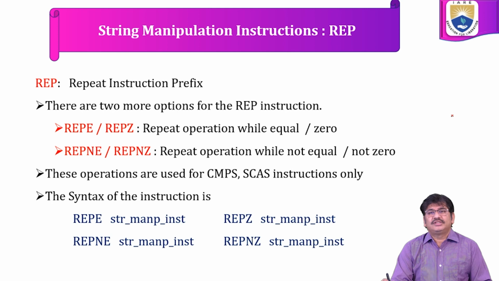These operations are used for compare and scan string instructions only. The syntax of the instructions are REPE string manipulation instruction or REPZ string manipulation instruction. The second one is REPNE string manipulation instruction or REPNZ string manipulation instruction.